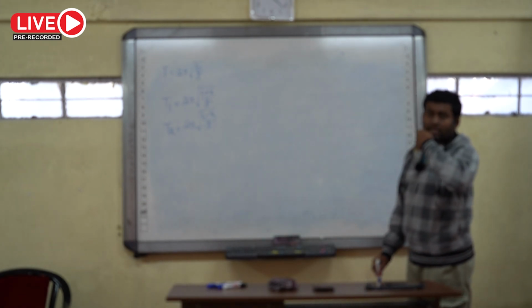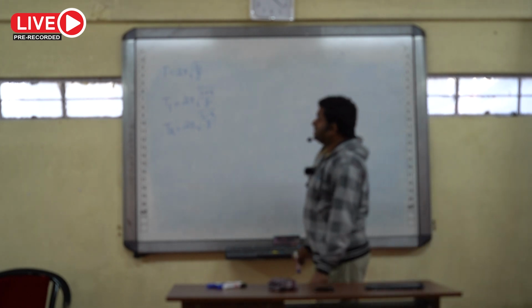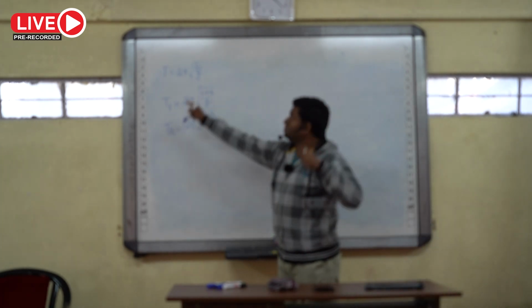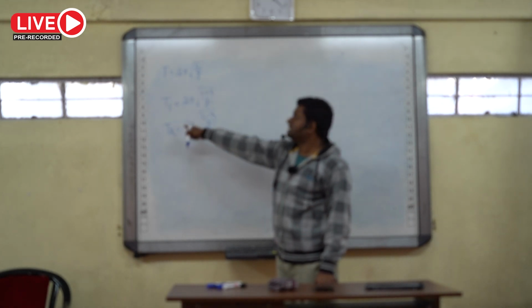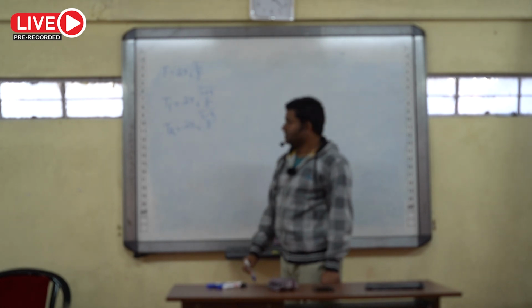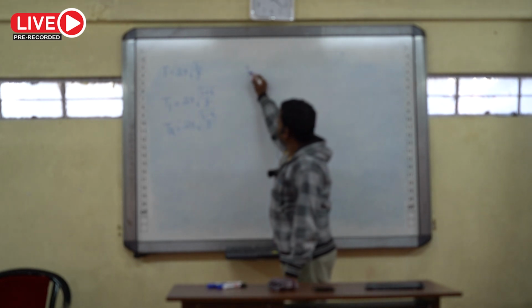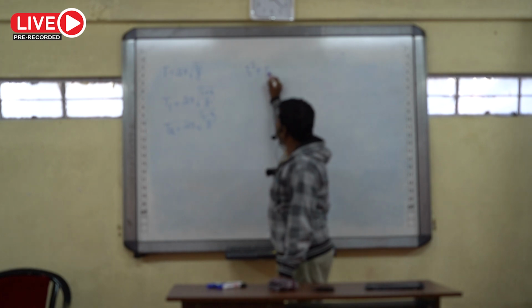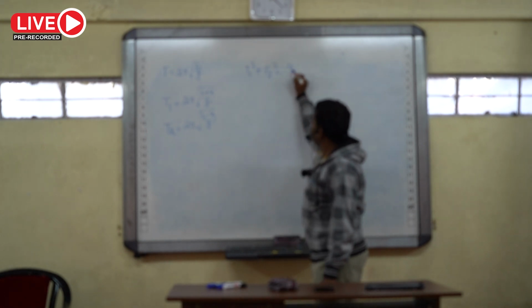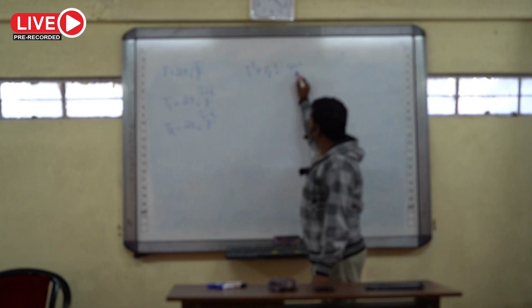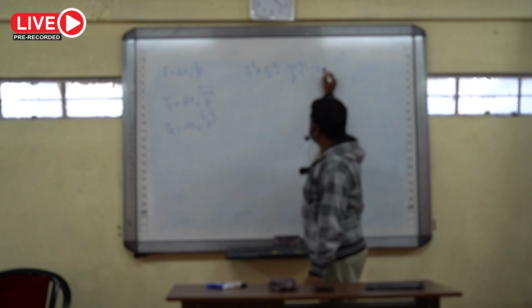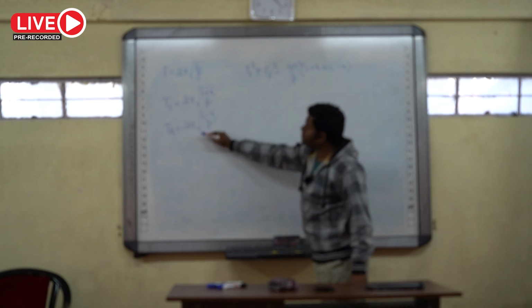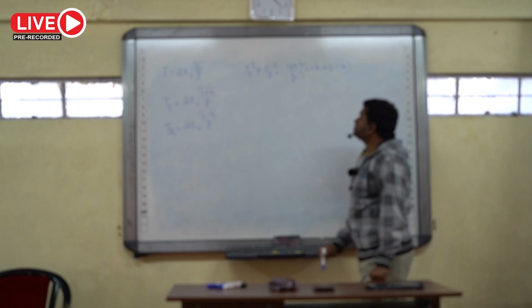Okay, then this x is not in the expression for T, so we have to eliminate x to find T in terms of T1 and T2. So I can write, by squaring and adding these two, 4 pi square by g into (L plus x) plus (L minus x), because 4 pi square by g will be in both the terms, so it is common.